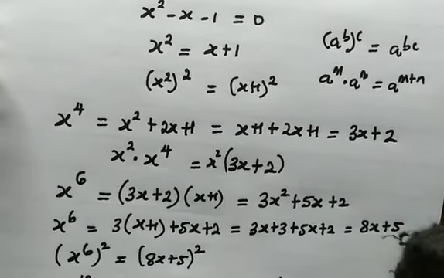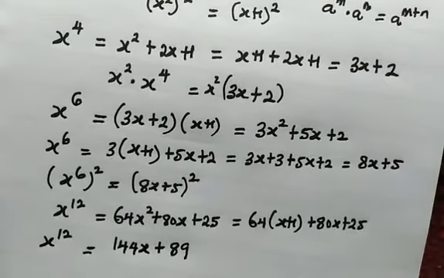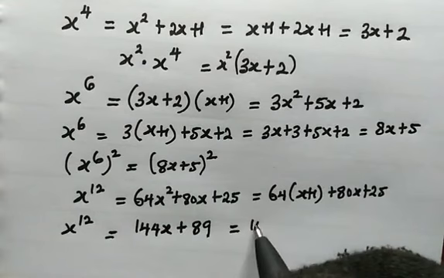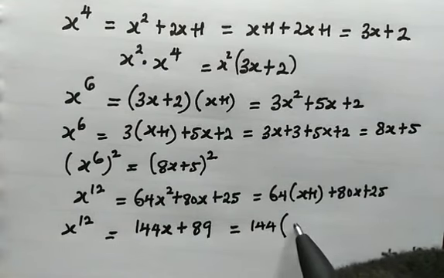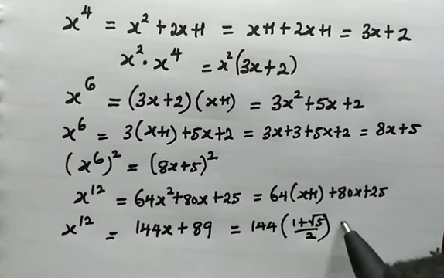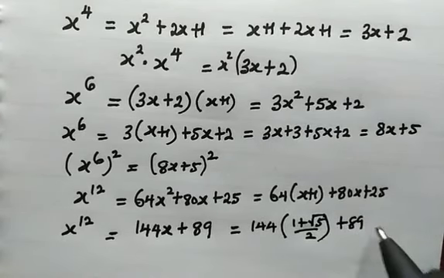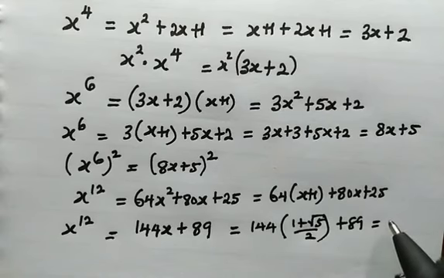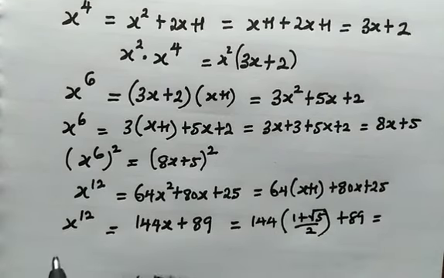This is also known as the golden ratio. Therefore, we're going to substitute right now. From where we stopped, we have here 144 into bracket 1 plus root 5 over 2, then plus 89. From here, 144 divided by 2 will give us 72. So let's finish up here.